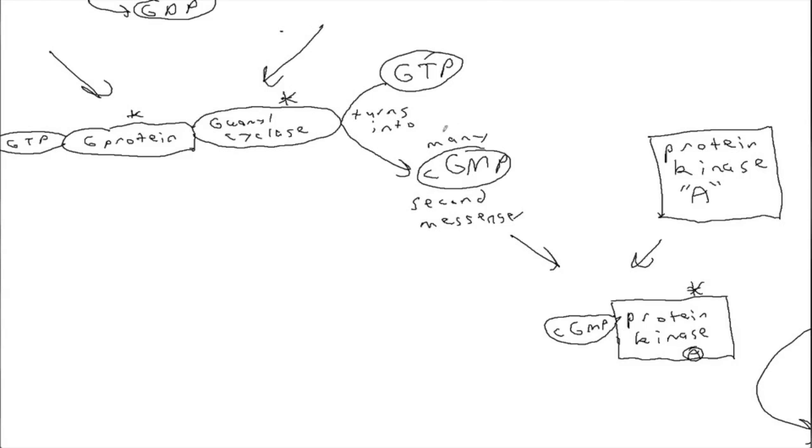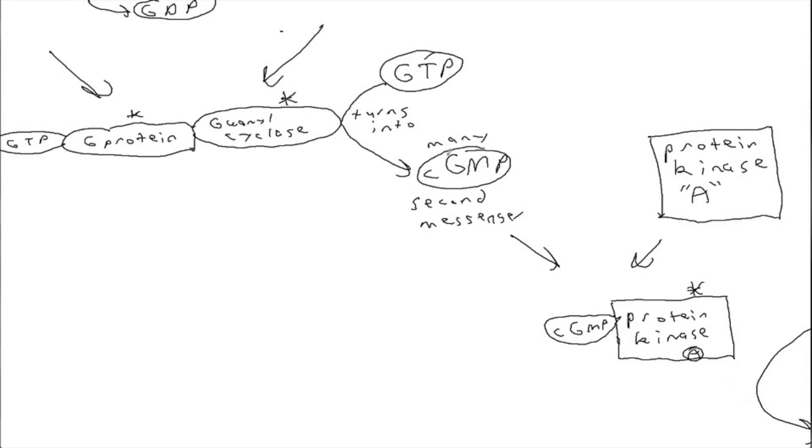I got a little lazy and skipped some steps. What I was trying to show by this arrow is that the GTP will attach to the guanyl cyclase, turn into cyclic GMP, and be released. Then another GTP will attach and turn into cyclic GMP, and then another. So that can happen many times.